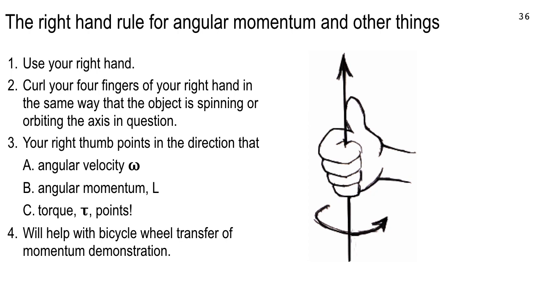So the wheels are going, and here's the handlebars, right? And you're going forward, so your wheels are going like this. That means your fingertips would go like this in the direction of spin. And so the angular momentum of the bicycle wheels, if you're going straight ahead, is to the left.